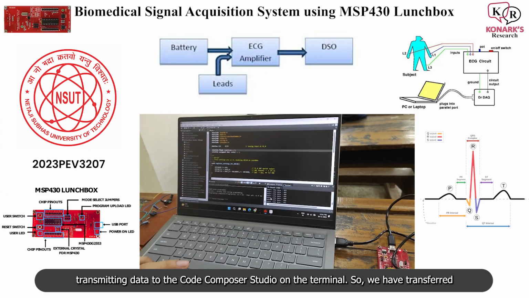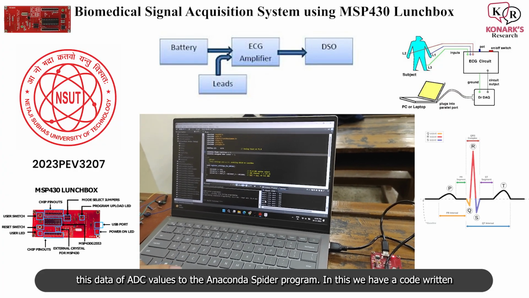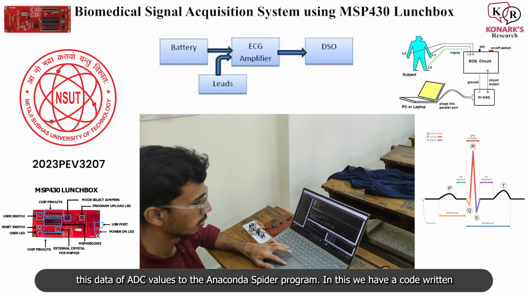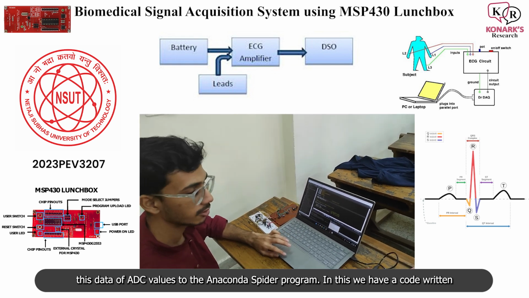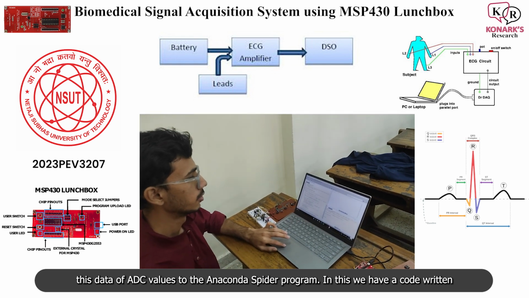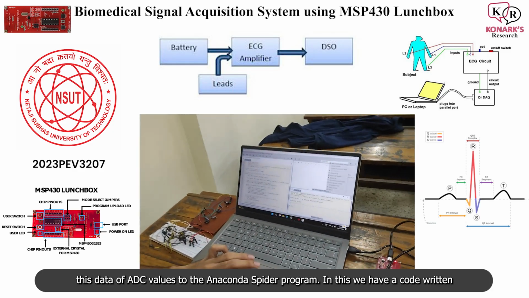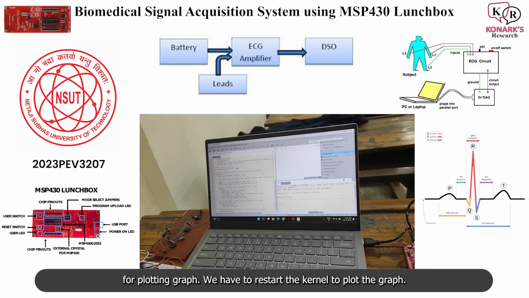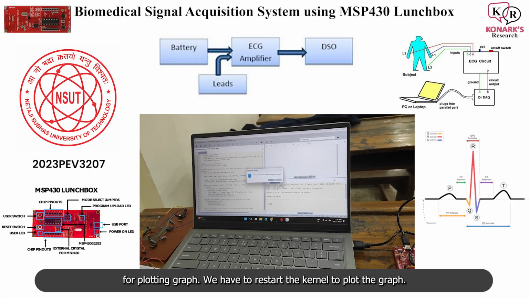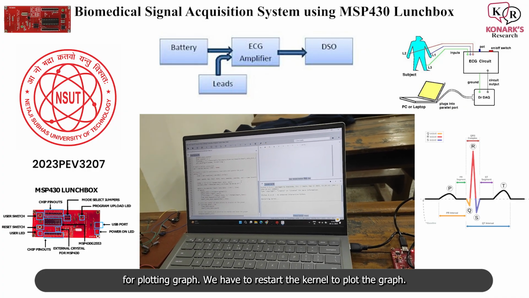We have transferred this data of ADC values to the Anaconda Spyder program. In this, we have code written for plotting the graph. We have to restart the kernel to plot the graph.